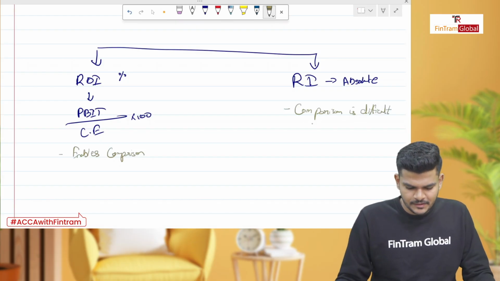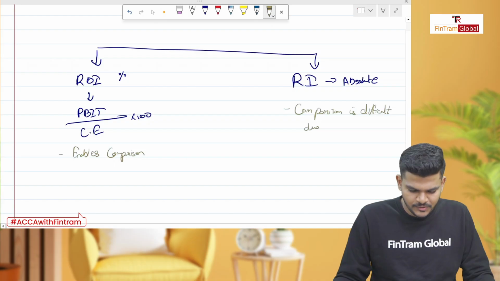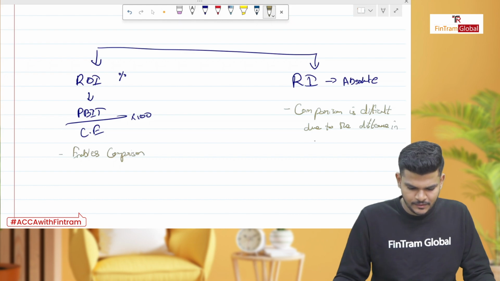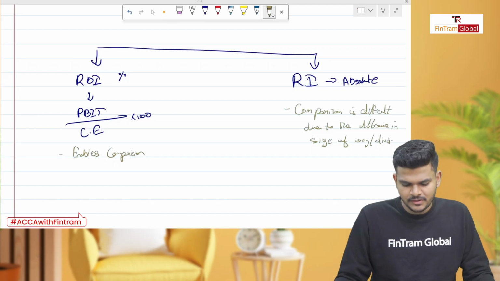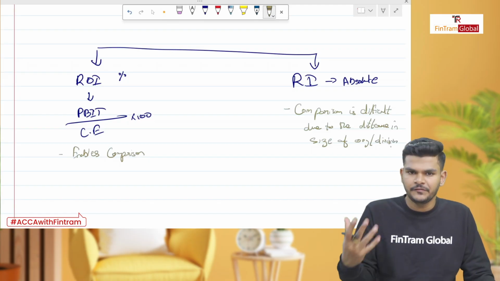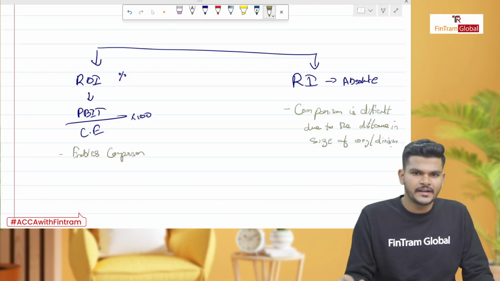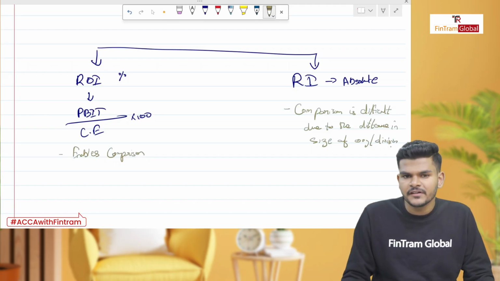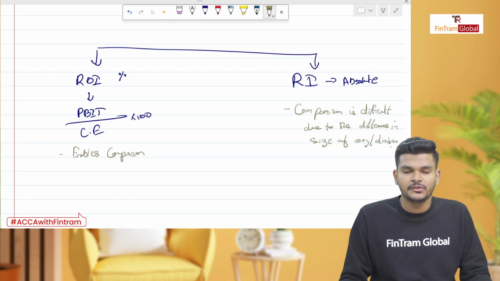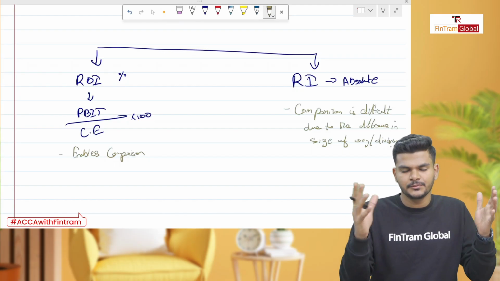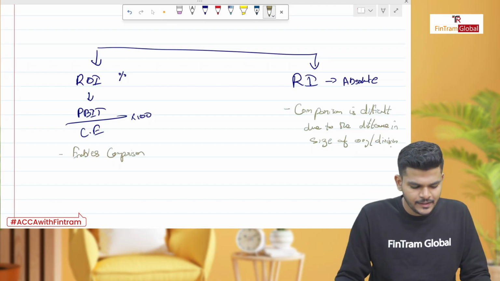Well, that's basically because of the difference in size of organization or division. See, we usually do comparisons between divisions or with another organization, right? So it's kind of difficult to compare residual values due to the size differences of the divisions as well as companies. Okay, folks, so that's basically the idea mentioned over here.